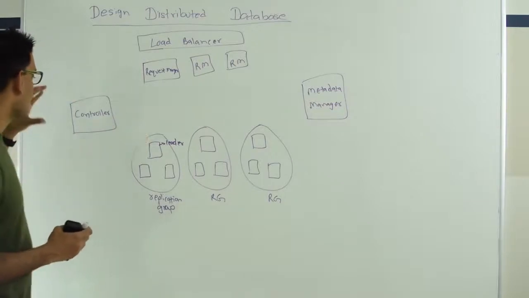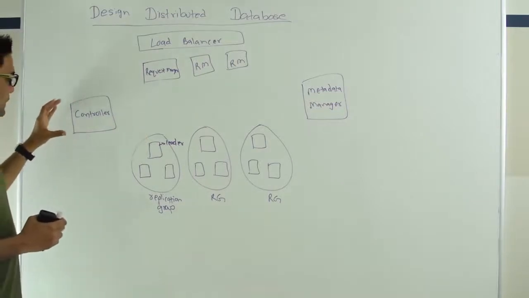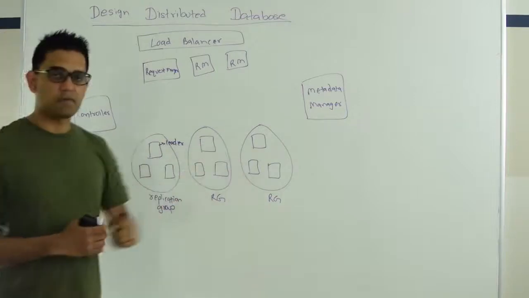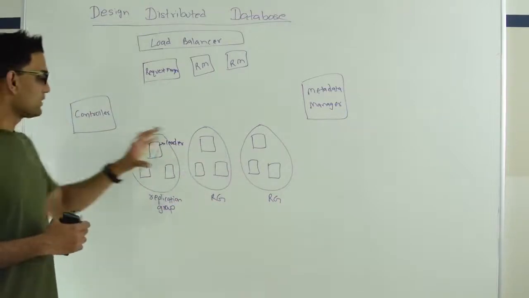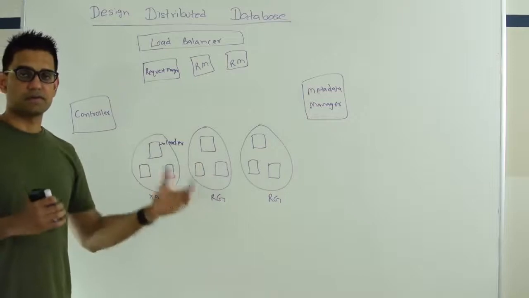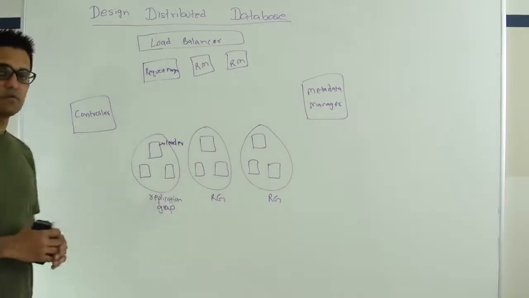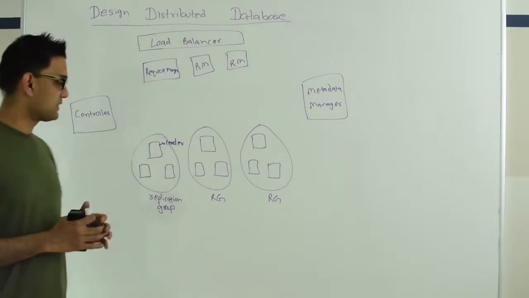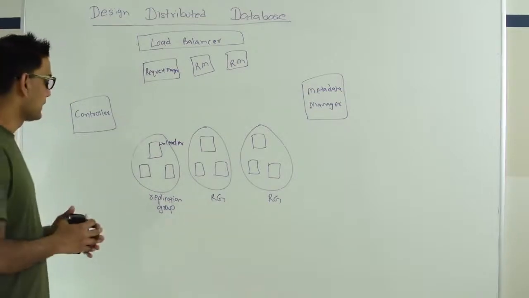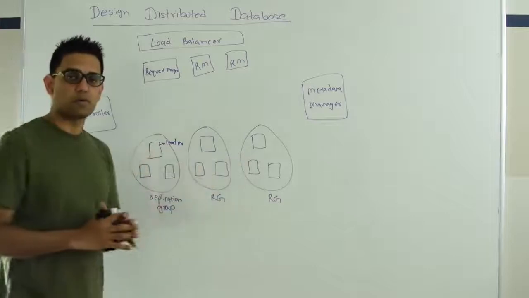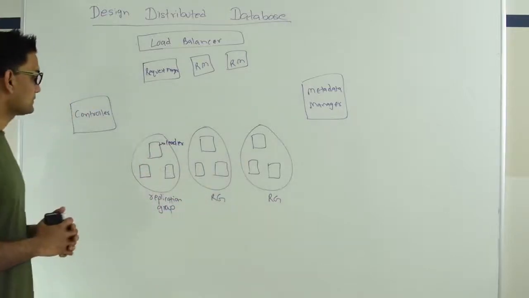And then we have this controller. This controller is keeping an eye on all these replication groups, and if any of them becomes too hot because the table is getting very big or some other factor, then the controller is going to start splitting that table into smaller tables and start spreading them over multiple replication groups.